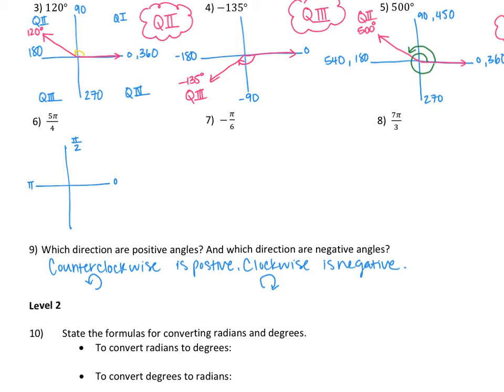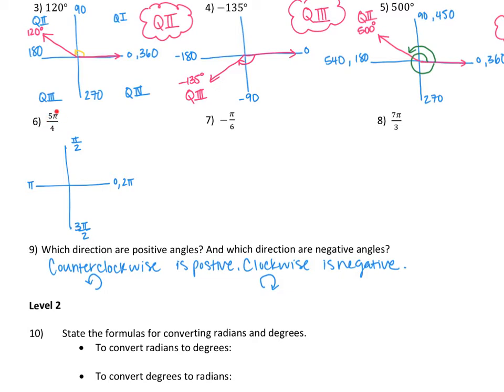So that would be 3 pi over 2. Basically, you're taking half of a pi and adding it to 1 pi, so that would be 3 over 2 or 3 pi over 2. And so then if you add another half a pi to this, you would get back to 2 pi. Because if you add a half to 3 over 2, you would get 4 over 2, which is 2.